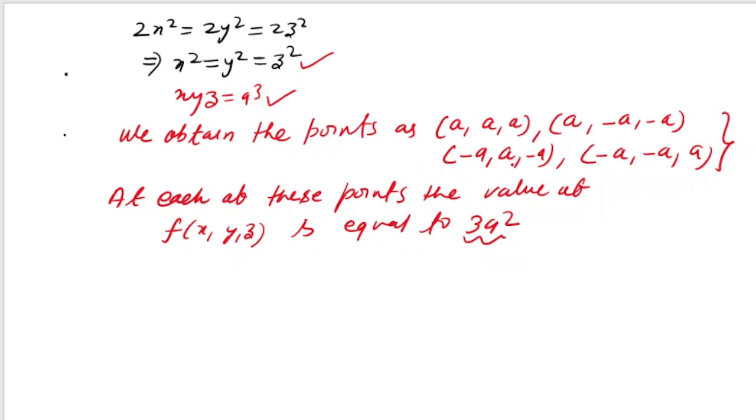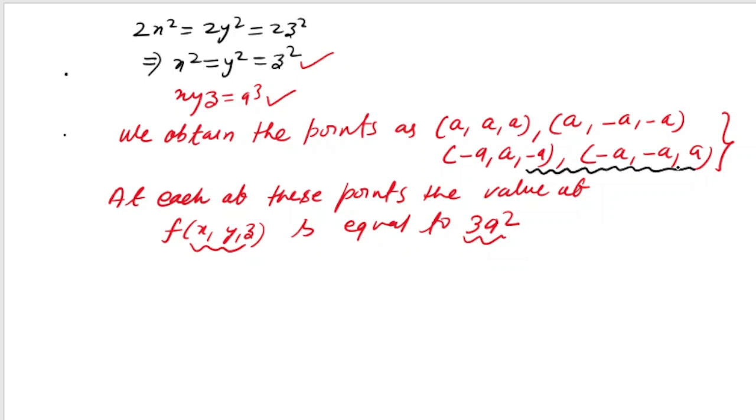So if these are the stationary points, the function may have a minimum or a maximum at this point, but I am not sure whether this value, 3a square, is a minimum or maximum value. So to ascertain that, we are going to use a result which we have studied in our previous classes. This is the limitation of the Lagrange's multiplier method: it just gives you the critical points.